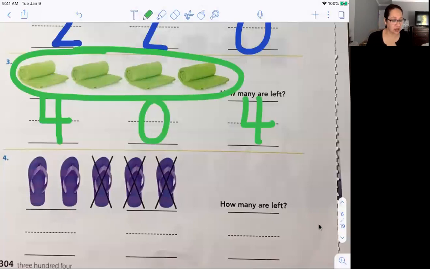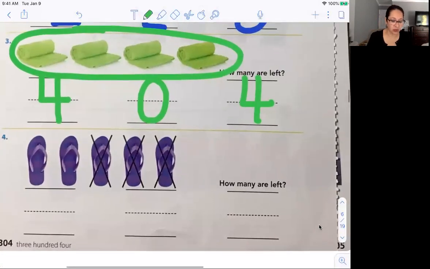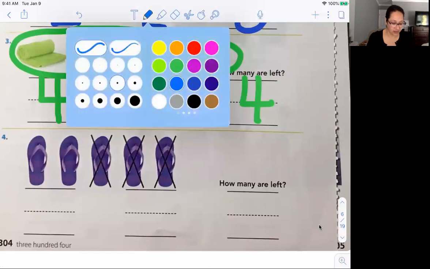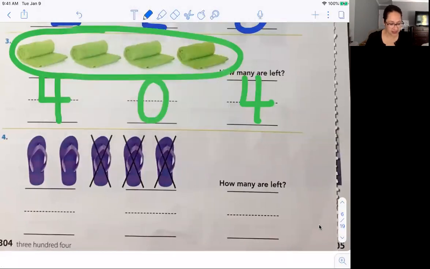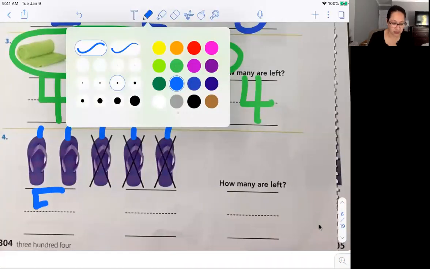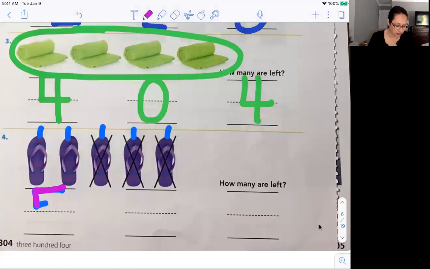Okay, so now let's go on to number 4. And you have your blue flip-flops, fun, fun, fun, in the sun. Let's count how many. 1, 2, 3, 4, 5. Okay, so you have 5. And we're going to write number 5 right here. And I think you're probably saying, that's purple, Miss Martinez. So we'll write it in purple. 5.